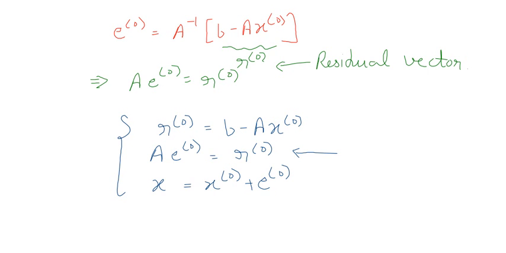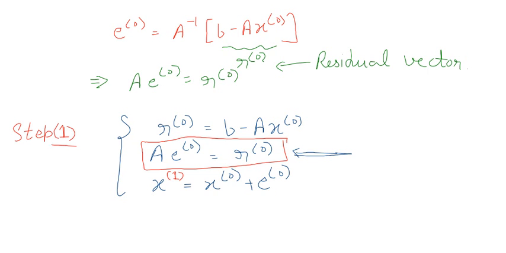Rather, we are going to solve the equation AE0 equals R0 by using Gauss elimination method with or without pivoting. So still it will have some error. So this is going to give a new refinement of x. Once you have x1, this is your step 1, which will give you a better refinement of the previous approximation.